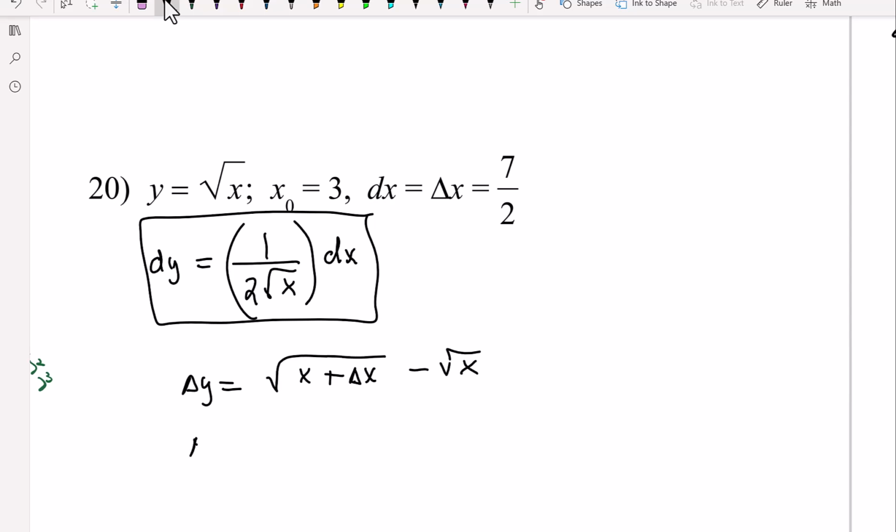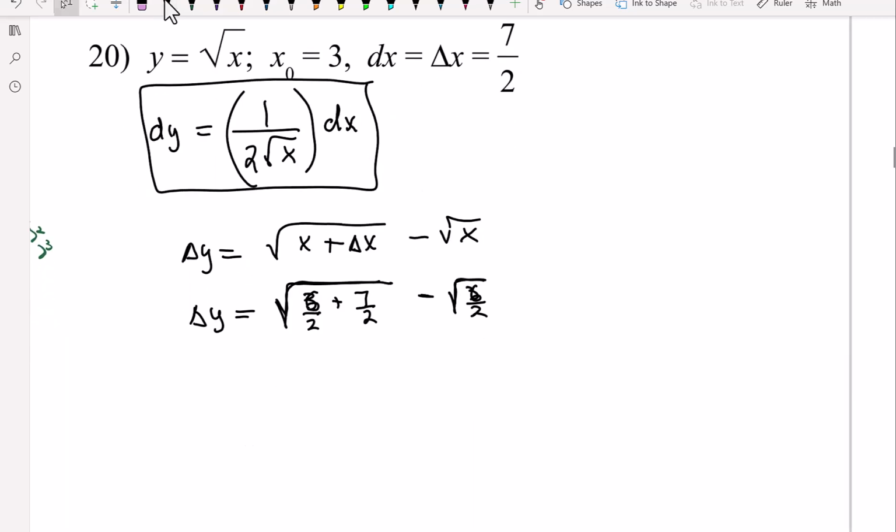So this is pretty straightforward. The x is 3, the delta x is 7/2, so this 3 will be changed to 6/2 minus 3, which I'm going to change to 6/2, see what happens.